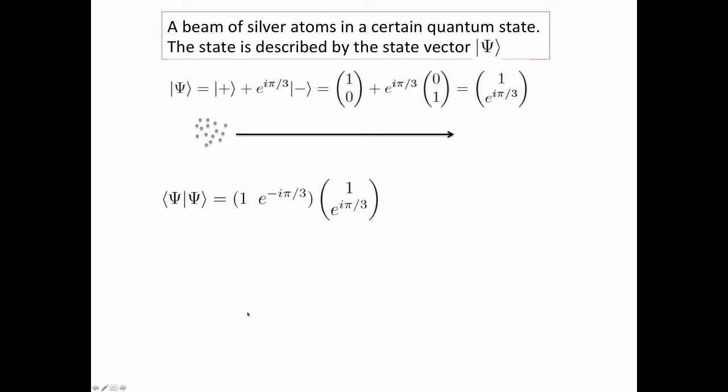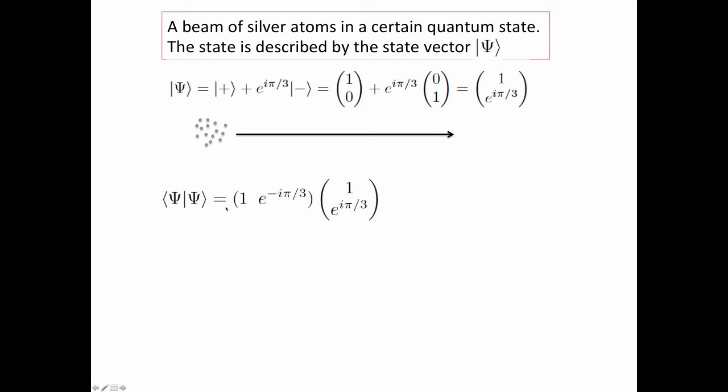In matrix notation, the inner product of a state with itself is the bra version of the state times the ket version. To obtain the bra version of the state in matrix notation, you take the ket version, which is a column vector, and turn it into a row vector, an operation called transposition. We take the transpose of the column vector.